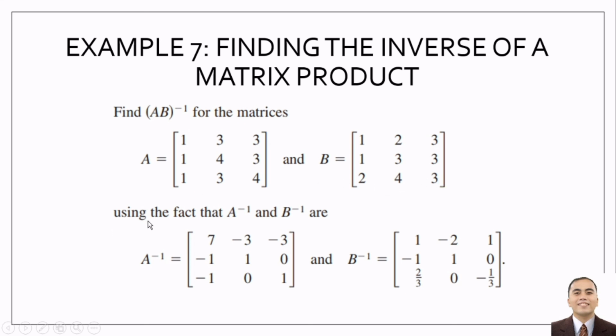Using the fact that the inverses of A and B are known, the inverse of matrix A is 7, negative 3, negative 3, negative 1, 1, 0, negative 1, 0, and 1. Then the inverse of matrix B is equal to 1, negative 2, 1, negative 1, 1, 0, 2/3, 0, and negative 1/3.